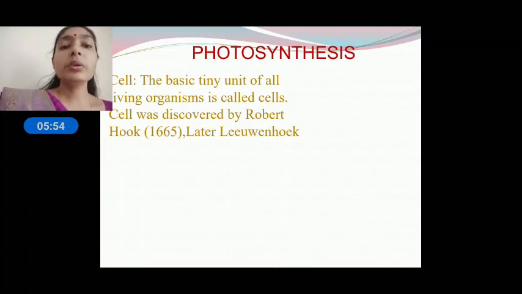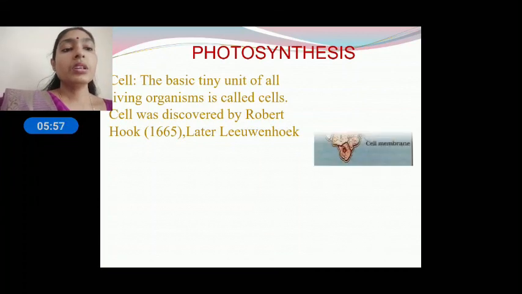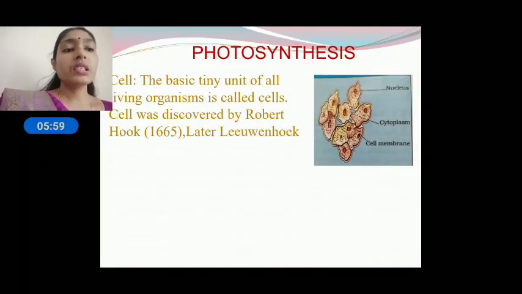If we observe, the cell is covered with a cell membrane. Then one dark point is there, called the nucleus, and around it a jelly-like substance is there, called cytoplasm.